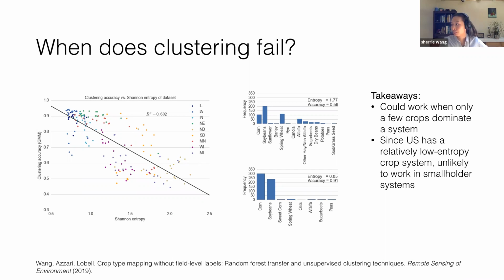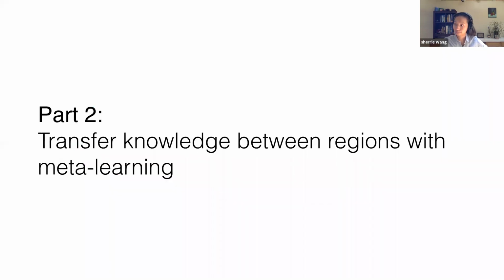So the takeaways here would be that this type of unsupervised algorithm can work when only a few crops dominate the system. But since the US is already a relatively low entropy crop system, there's a lot of corn and soybeans, at least in the Midwest, then it's not very likely that this sort of purely unsupervised algorithm is going to work well in smallholder systems.